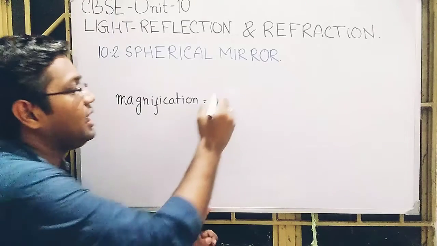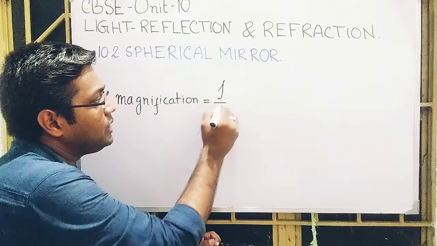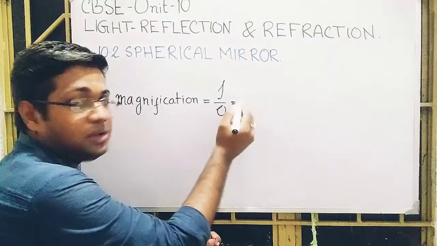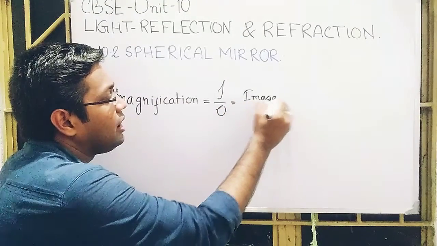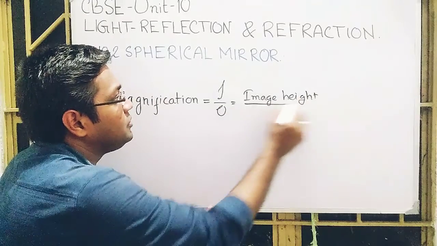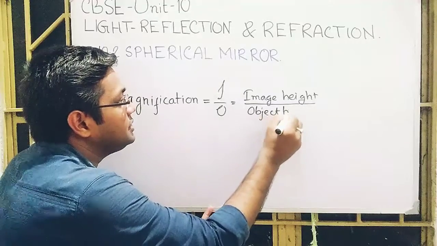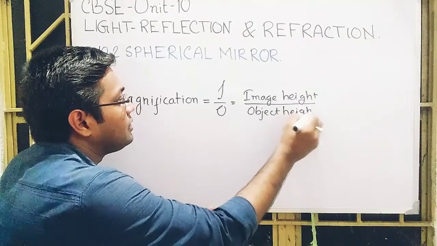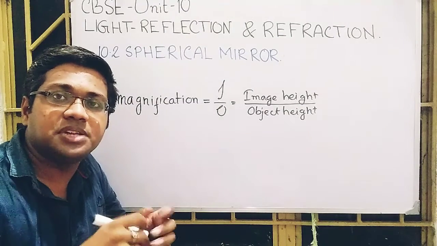It is defined as I by O. In words, that is image height divided by object height. So it is the ratio of the image height to the object height.